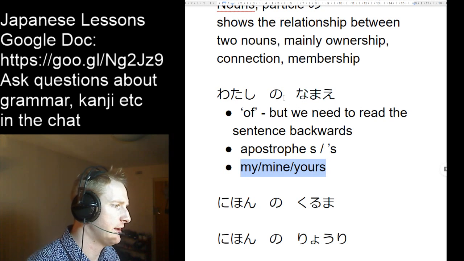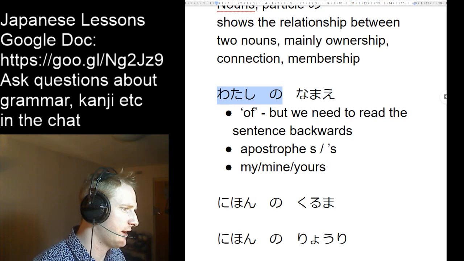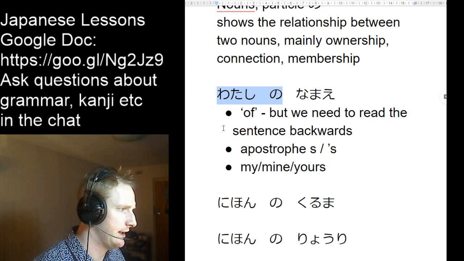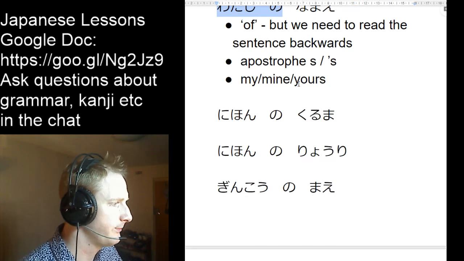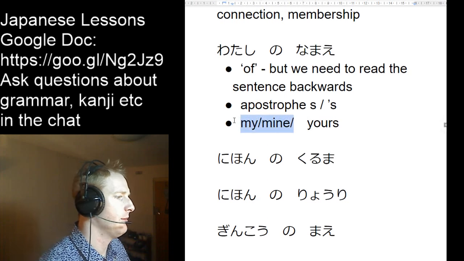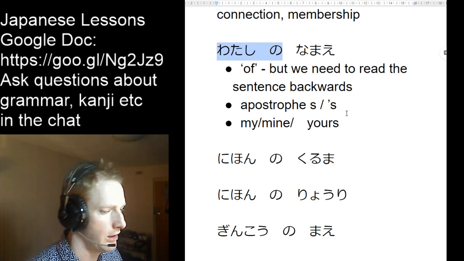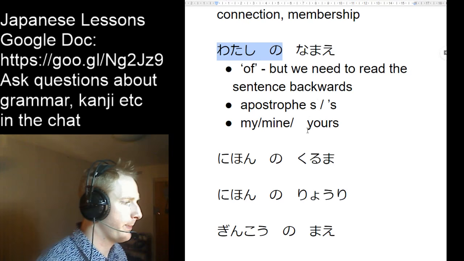Or we can just think of whatever is to the left of the no as kind of changing it into the possessive. So my, mine, yours, whatever. Anata no, for example, would be yours. Should probably separate that one out. But my or mine, for sure, would work here. Alright, so there's three ways we can think about our no particle.